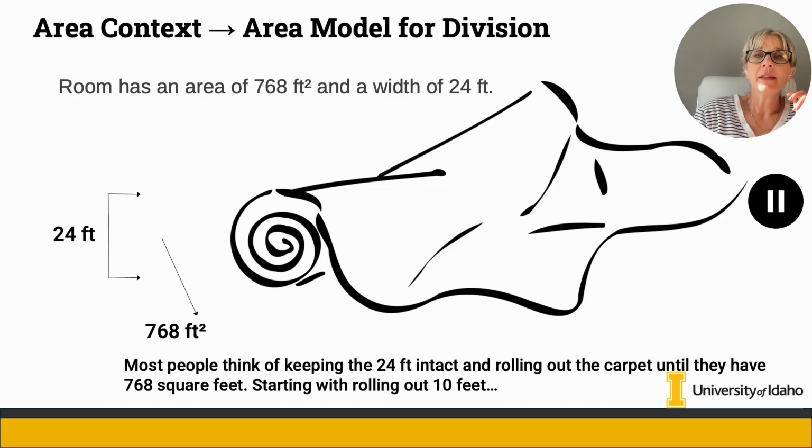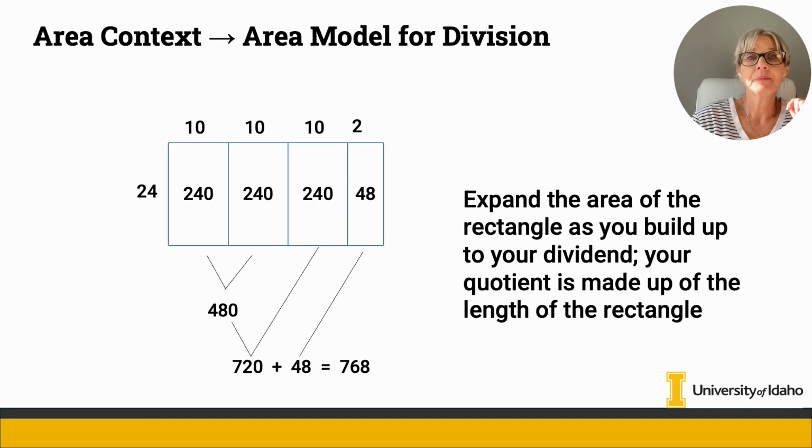On the next bit, you'll see a model that represents this idea. We end up with something similar to an area model. Note that we could also have broken apart the 24 into a 20 and 4, especially if it had been an uglier number, meaning not friendly like tens.